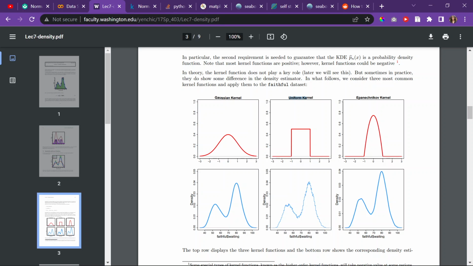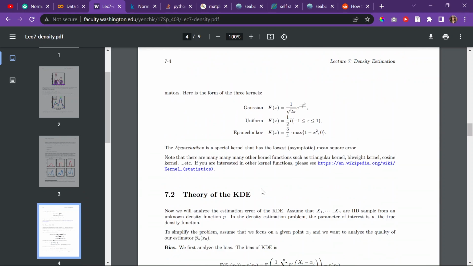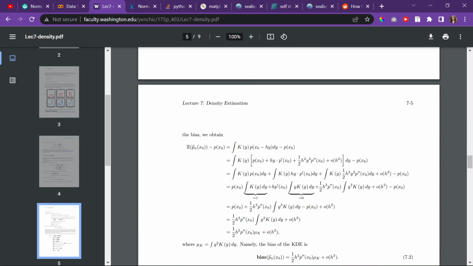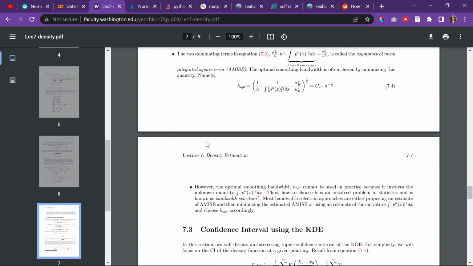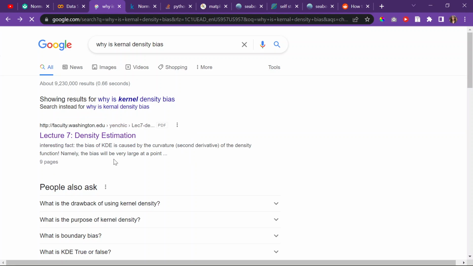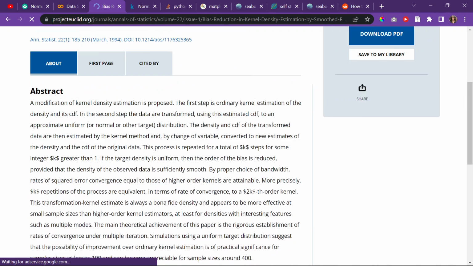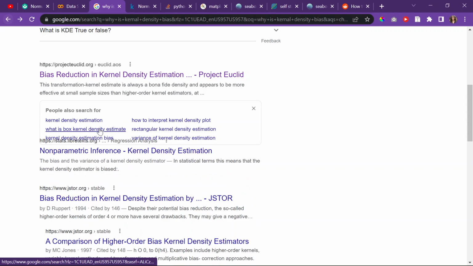A kernel, and then a kernel, and then density. Interesting. Confidence interval? Get out. I'm not doing that. But can someone tell me why is it biased?